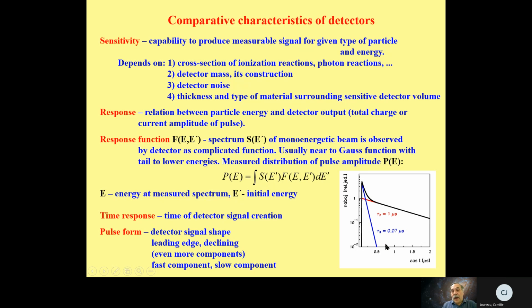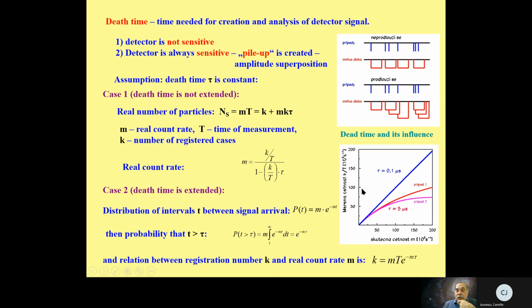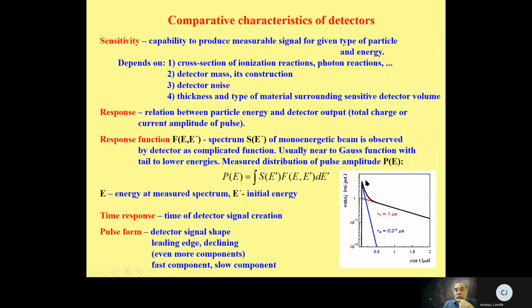It is possible to see here an example for barium fluoride, which is a scintillation detector, and the light production has two components. One component is narrow, about 70 nanoseconds only. The second component is the long component with a long tail, about 1 microsecond.